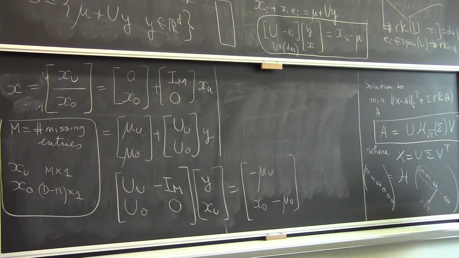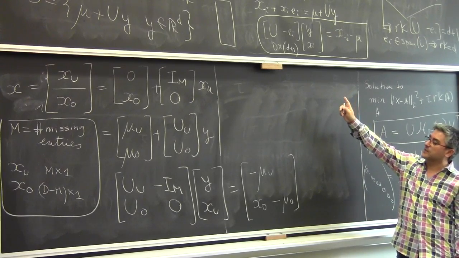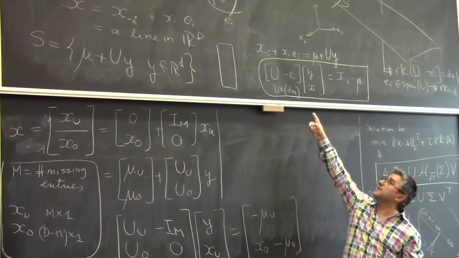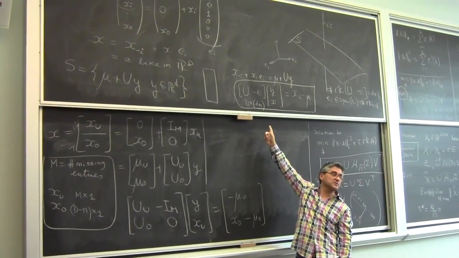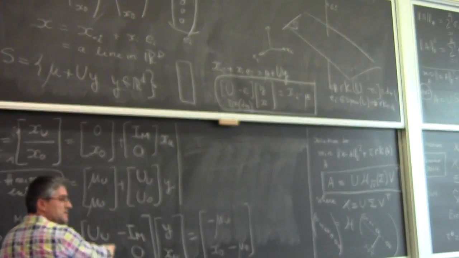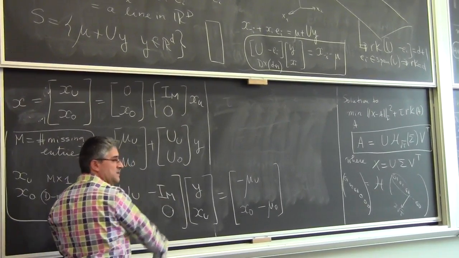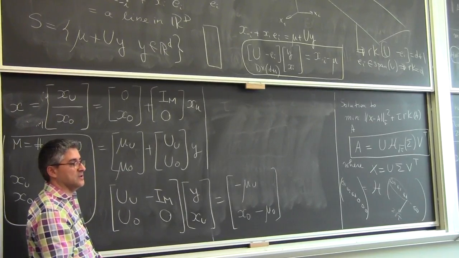Okay, let's just double check that more or less things are what they're supposed to be. See, before it was U, and then augmented by a column that has zeros and ones corresponding to the missing entries. Now we're getting more or less the same. This is just the U matrix here. And now I've got a matrix of ones and zeros that specifies which entries are missing and which entries are not.